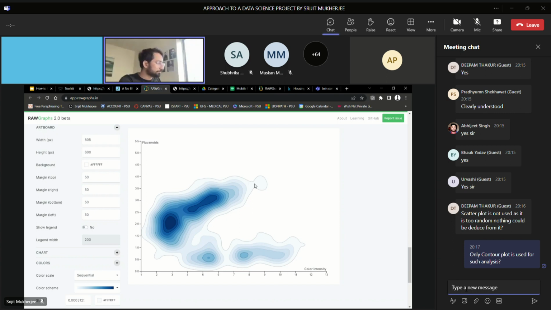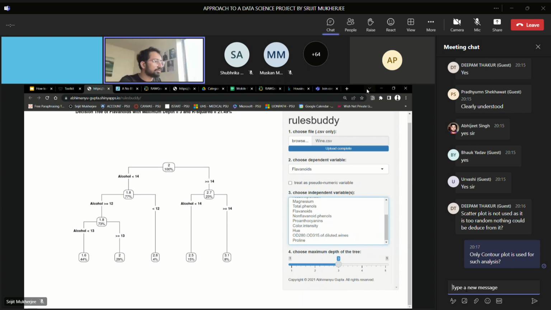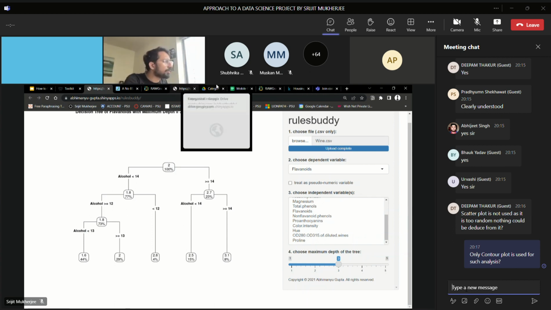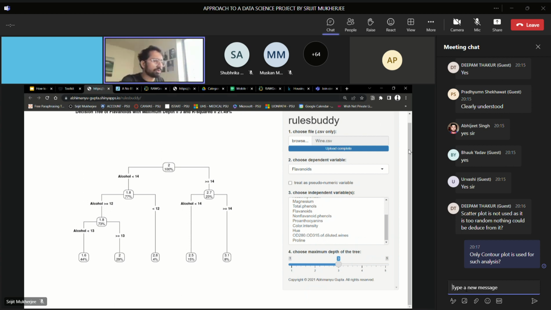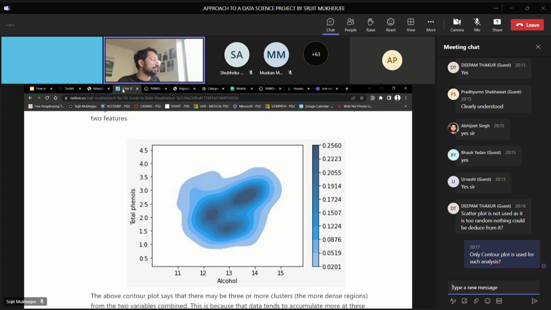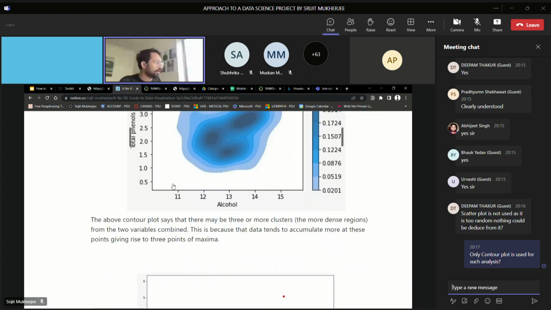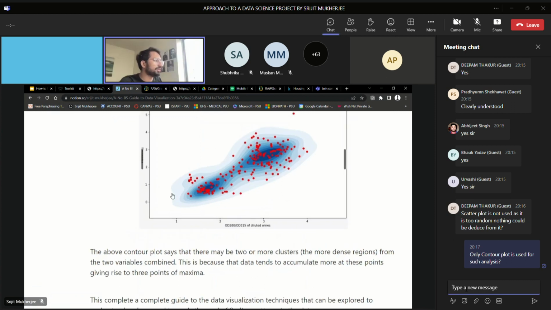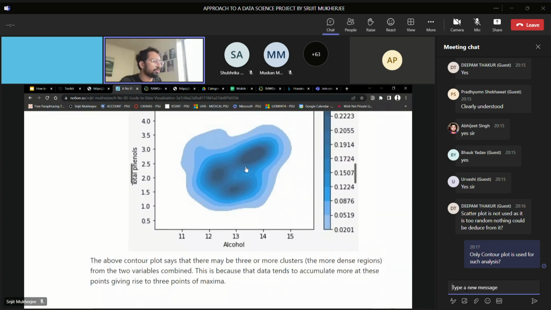Okay, so let's see. Oops, where is it gone? Just give me a minute. Okay, so let me just. Oh yeah, got it. Yeah, so for example, here you can see it. You can also draw similar things. Here it's 2 information, here 3, there 2.